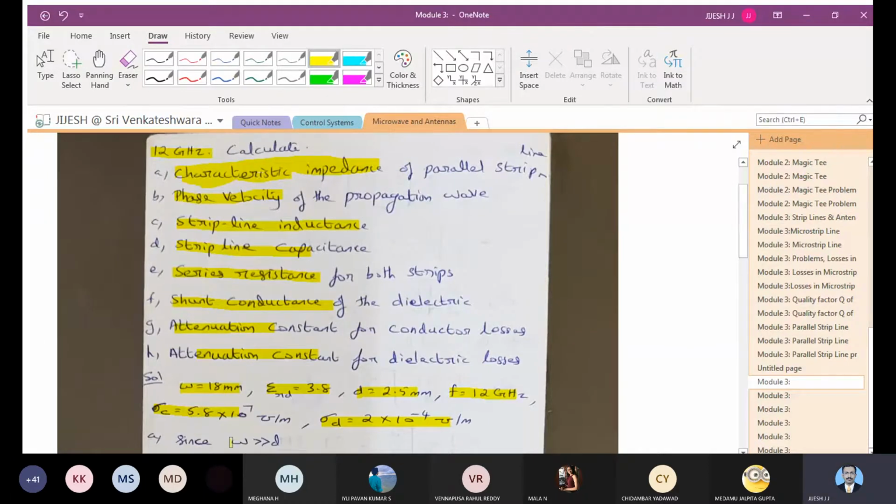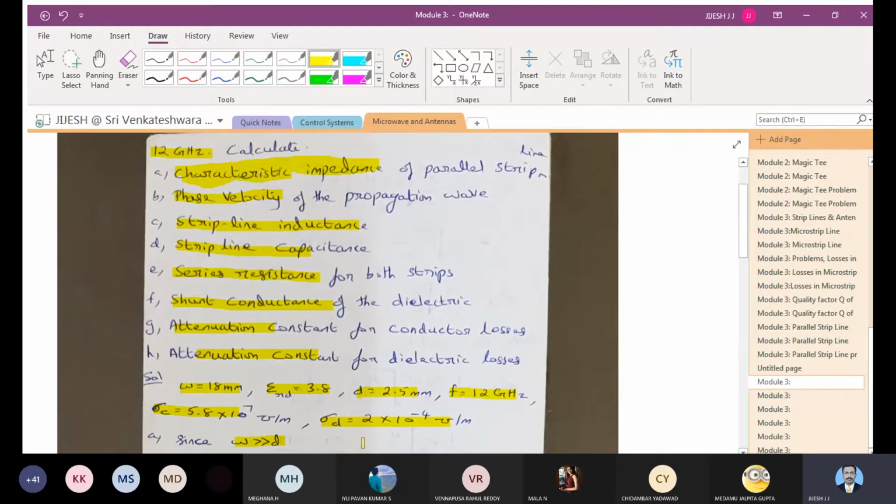One condition I'll give here: you should see the W and D ratio. You can see that W is well ahead of D, so W is greater than D. When W is greater than D, you know that it is a wide strip, and you have to use the equations we have studied for parallel strip line to simplify.